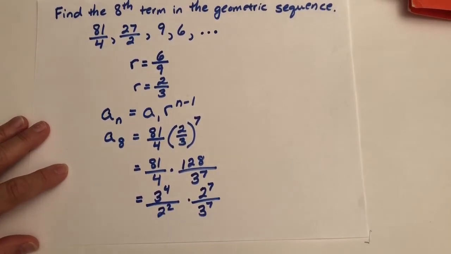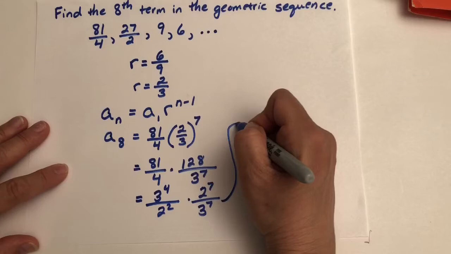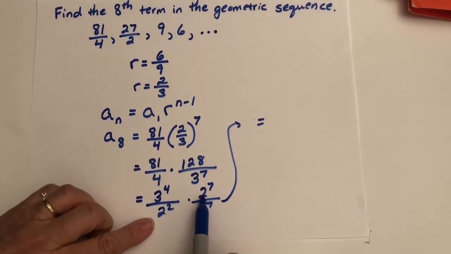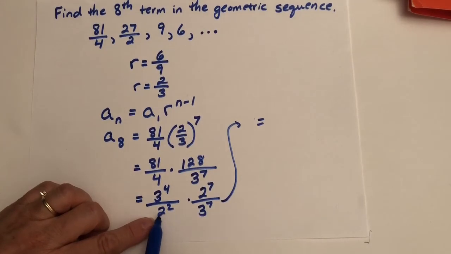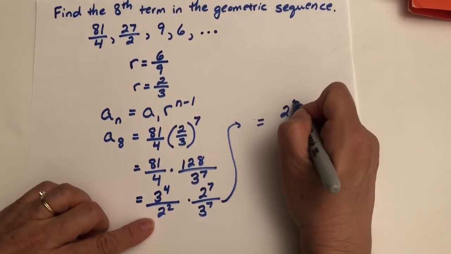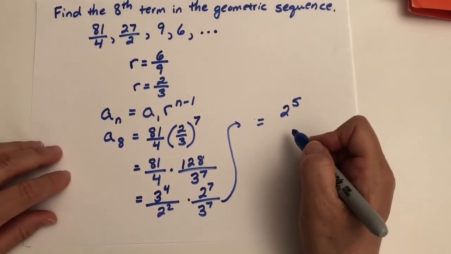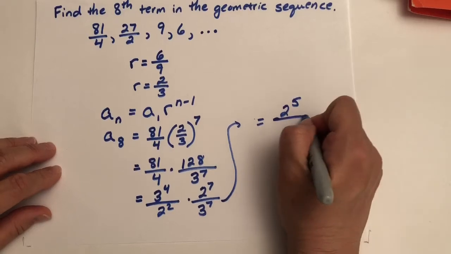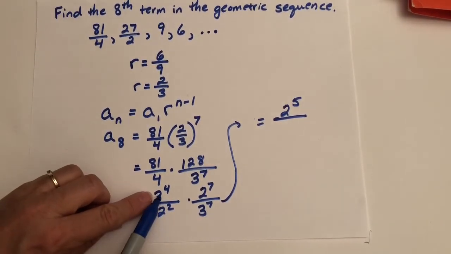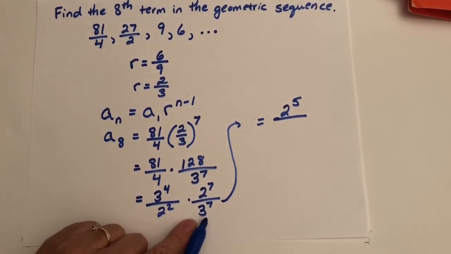So when I'm looking at the arithmetic for this particular problem, I'll look at my factors of 2. I have 7 factors of 2 in the numerator, 2 factors of 2 in the denominator. When I do the reducing, I have 5 factors of 2 left in the numerator. And in the denominator, I have 4 factors of 3 in the numerator and 7 factors of 3 in the denominator.